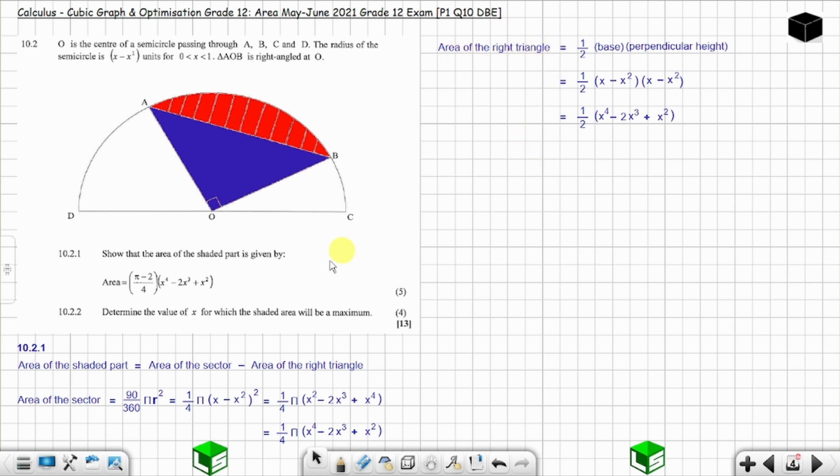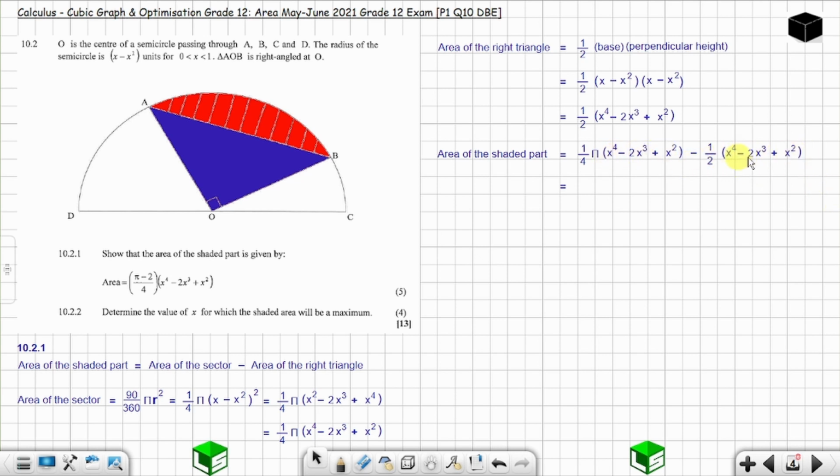So finally, the area of the shaded part is equal to the area of the sector, which is this, minus the area of the triangle, which is this. So this is equal to, can you see you have this and this.